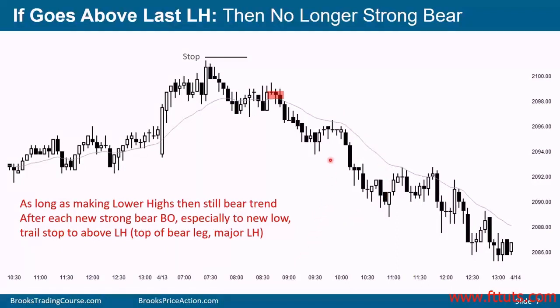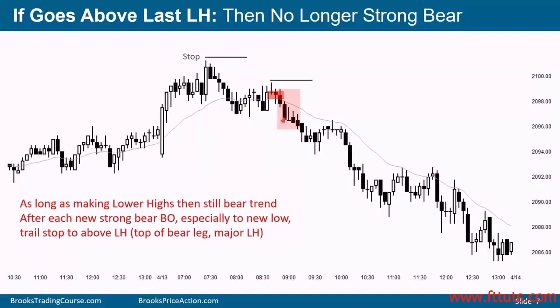And therefore, once you have a strong breakout to a new low, traders will tighten their stops to above that high. If it gets above that high, then the premise of a strong bear trend is no longer valid. The market's then either in a trading range or in a bull trend. And if you're holding on the belief that the market's in a bear trend, then it should not get above this high, and therefore it's reasonable to put your stop there.